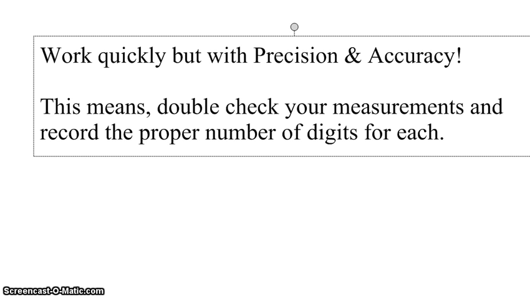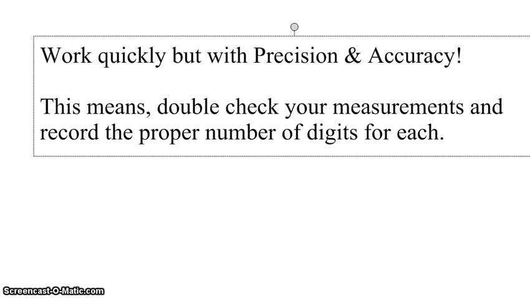So the thing that you need to be concerned with is, are you making your measurements accurately and with the proper precision? In other words, are they correct when you measure the length of your cylinder? Are you recording the measurement correctly? Are you saying that it's 2.5 centimeters? Or are you saying it's 25 centimeters? Or is it 2.8 centimeters?